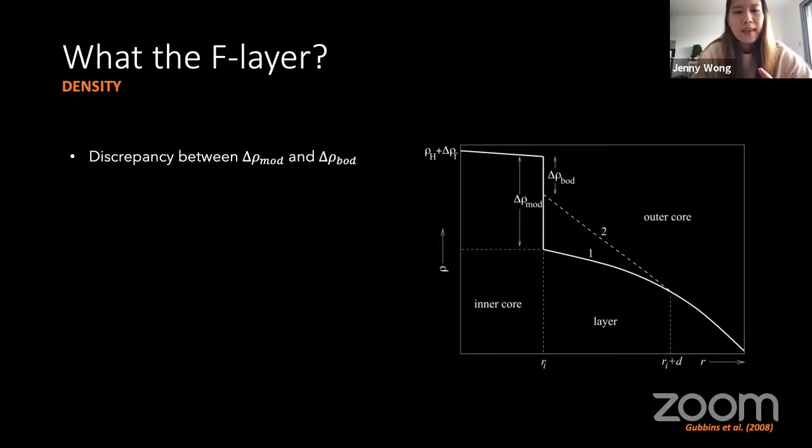So the inner core boundary density jump derived from this represents the difference between the average densities at the bottom of the outer core and the top of the inner core. Whereas the estimates from body wave data have a much shorter resolution length scale, and they represent the actual density difference either side of the interface itself. So the difference between these two values really indicates the existence of a stably stratified layer.